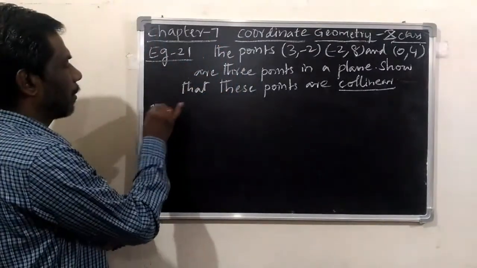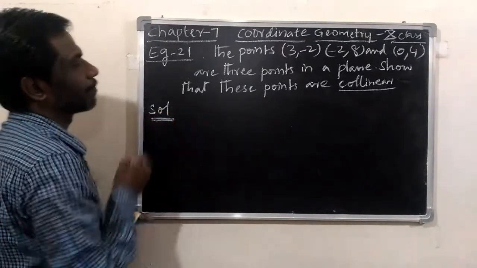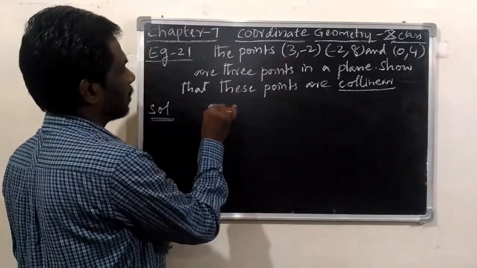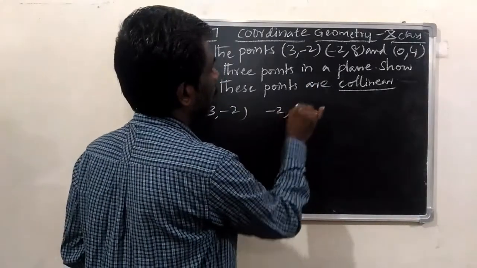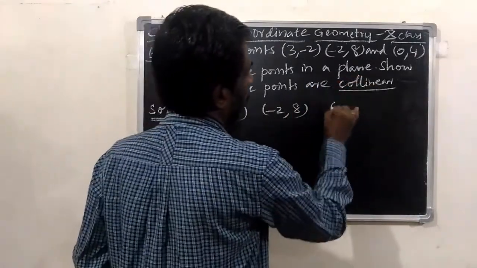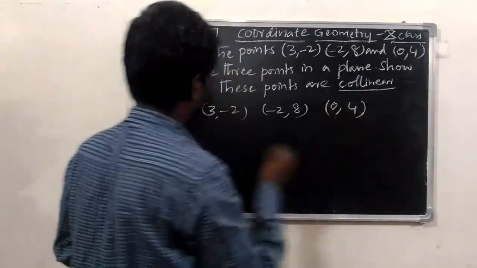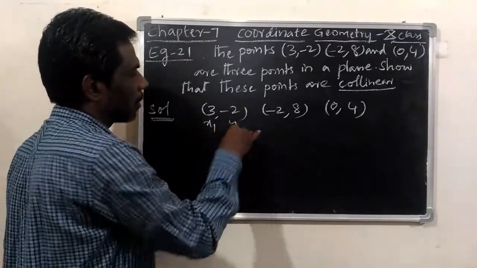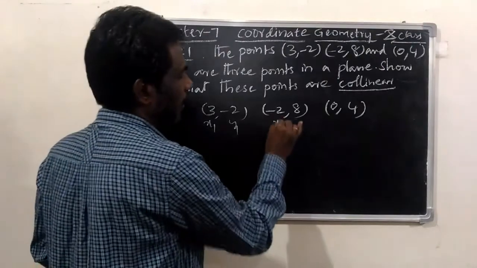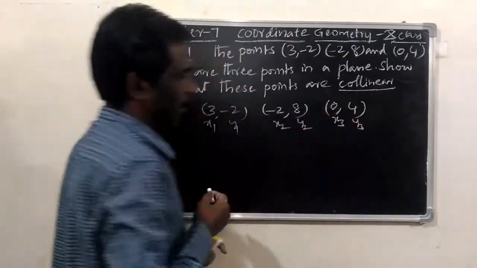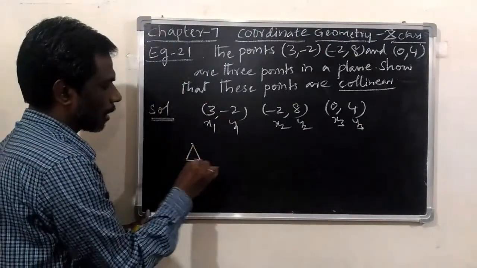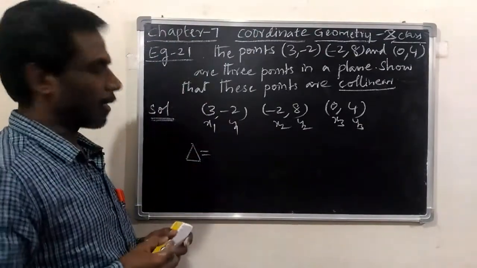Let us solve the problem. Solution. Write the points first: 3 comma minus 2, the second point is minus 2 comma 8, and the third point is 0 comma 4. Let the first point be x1, y1, the second x2, y2, and the third x3, y3. Now write the area of the triangle.